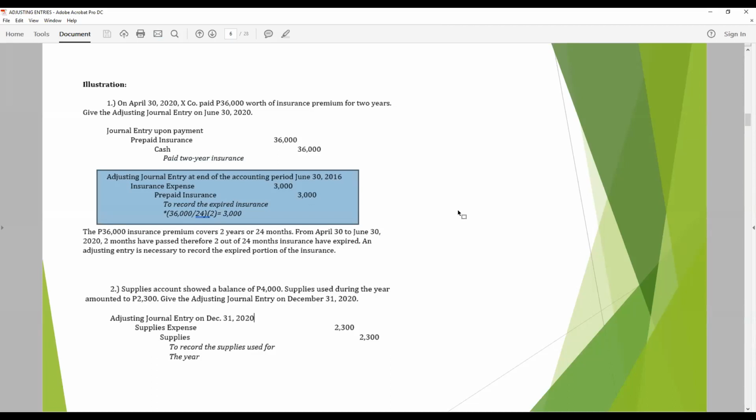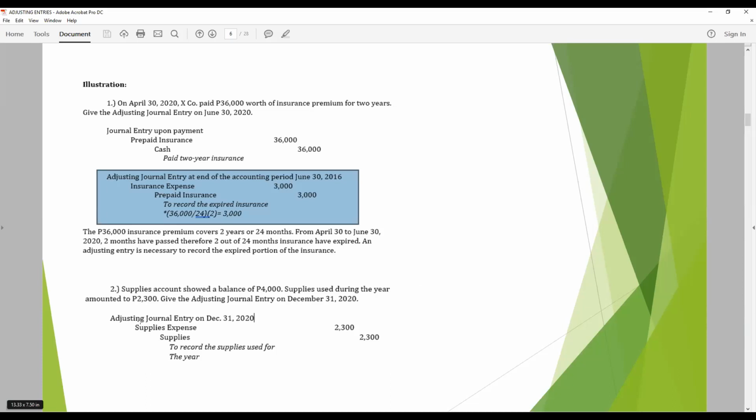Yan. So another example, supplies account showed a balance of 4,000 pesos. Supplies used during the year amounted to 2,300. Give the adjusting journal entry on December 31, 2020. So, the same lang. Initially, nag-record kayo ng supplies. Debit supplies, asset account, 4,000, and credit cash, 4,000.